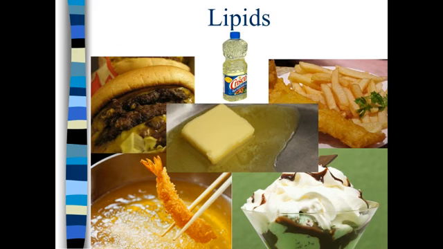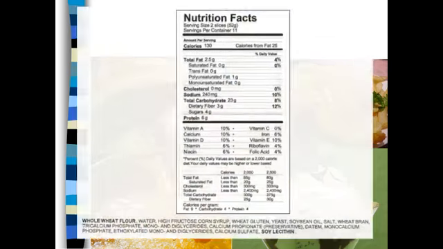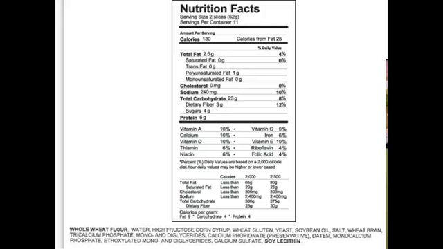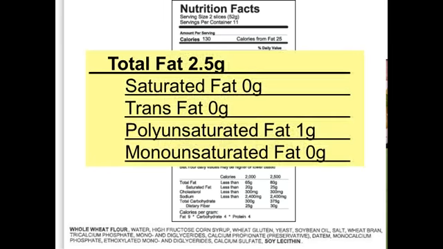I'm going to go back to the food label that we looked at earlier. We looked at the carbohydrate section of this food label, and I'm going to look at the part of the food label today that talks about the fats. If you've looked at labels like this before, you may have seen some of these terms. Here again, like with the carbohydrates, we see at the top in bold letters the total, and underneath it we see the parts that make up that total, or at least some of them.